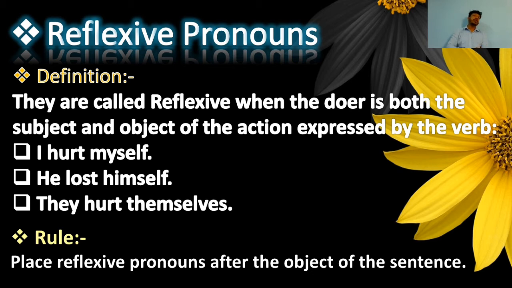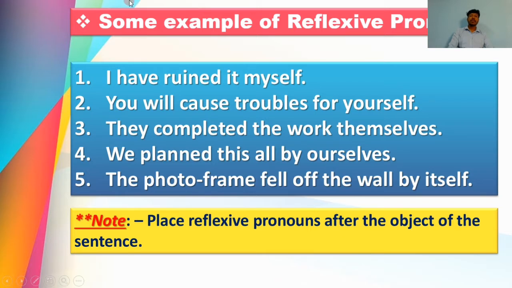If there is an object, there is no problem, just put the reflexive pronoun just after the object, such as I did it myself. Here it is the object. Okay? Some examples of reflexive pronouns here. I have ruined it myself. So here it, okay?